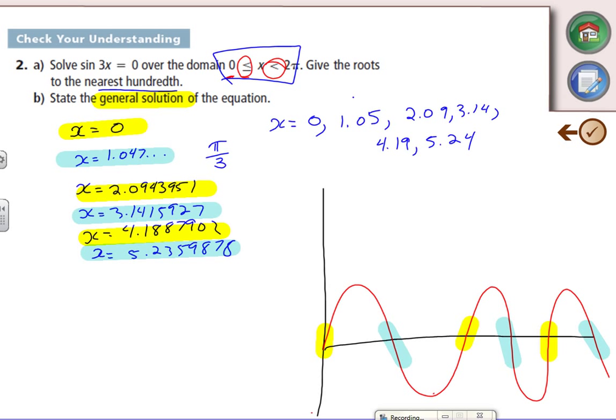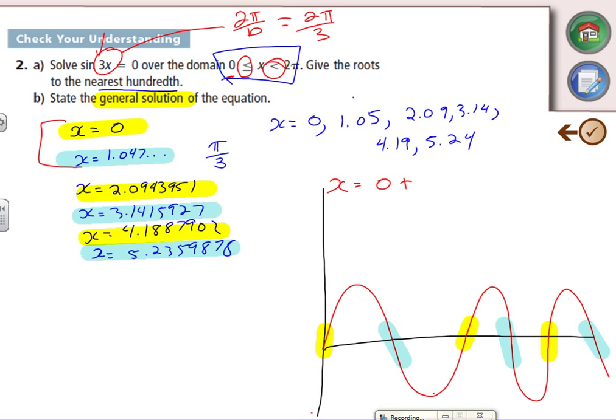So the first one is 0 plus, well, the period. First positive plus the period. Well, we've got to now look at the period is no longer 2 pi. Period is 2 pi over the b value. Our b value is 3. So we're going to put 2 pi over 3. Slap in your n.